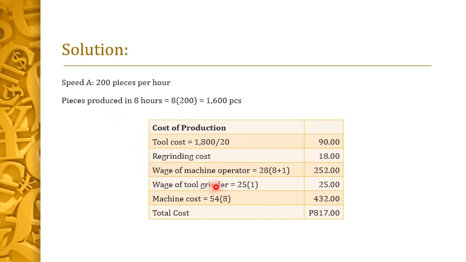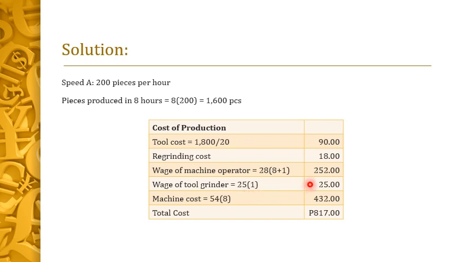The wage of machine operator is equal to 28 pesos per hour times 8 hours to operate the machine plus 1 hour to change the tools. This is equal to 252 pesos. The wage of tool grinder is equal to 25 pesos per hour times 1 hour to regrind the tools.